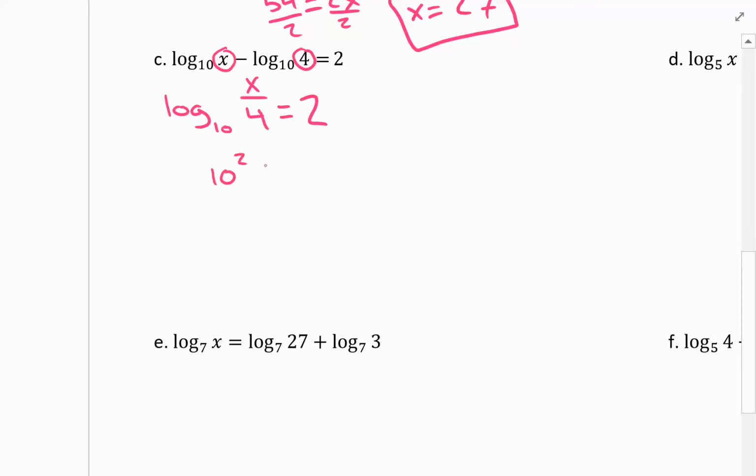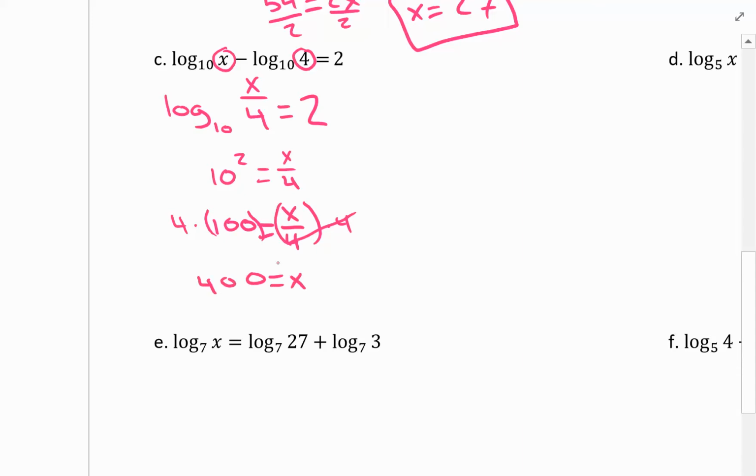First, last, middle. Keep simplifying. 10 squared is 100. And x over 4, we bring that down. How can I stop x from dividing by 4? Multiply the reciprocal. So throw in times 4 on both sides. That leaves us with x equals 400.